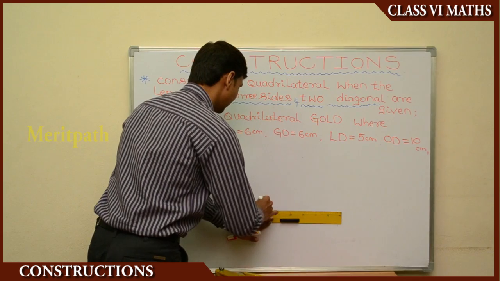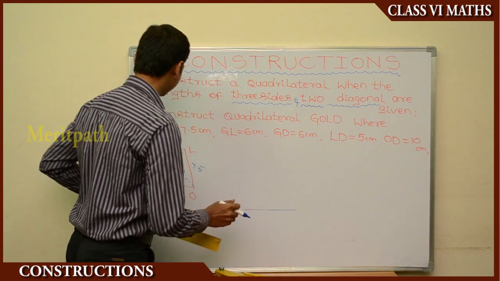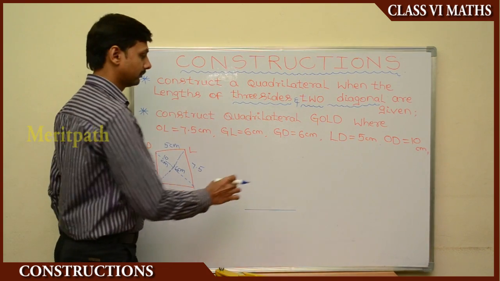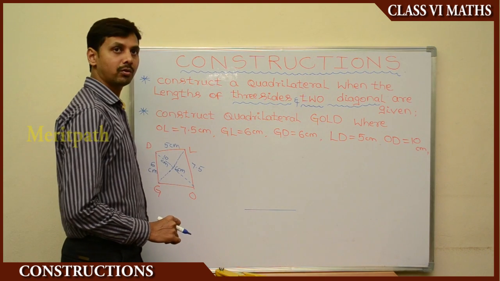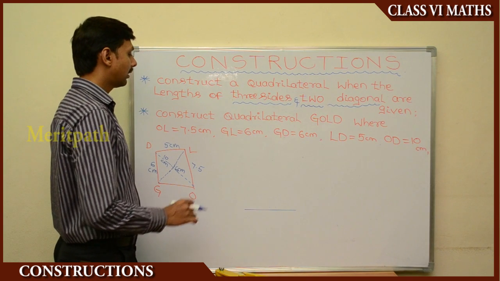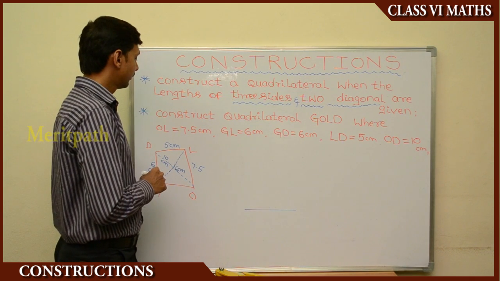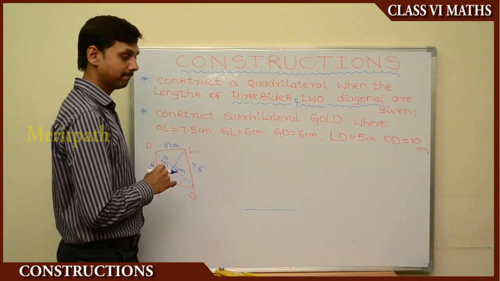We have taken 5 centimeters radius on compass. So we get LD. So this is LD or DL.